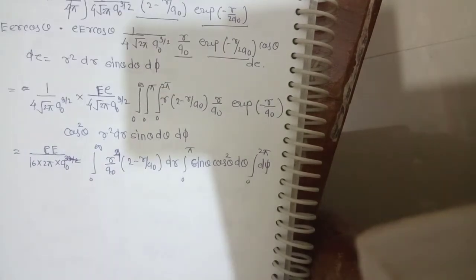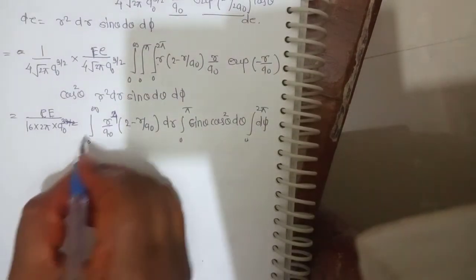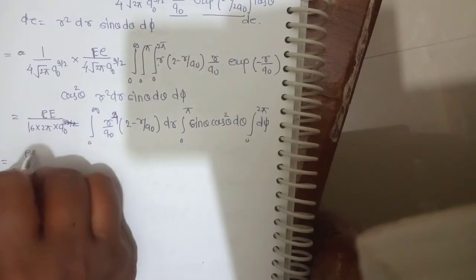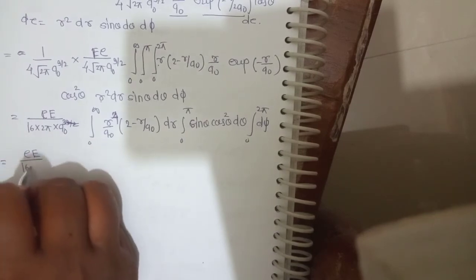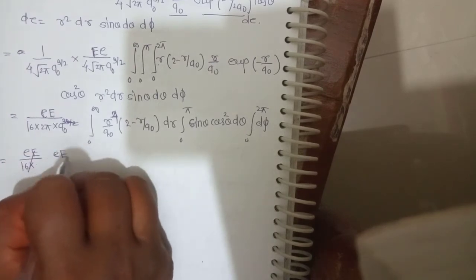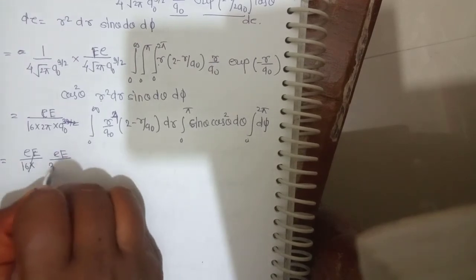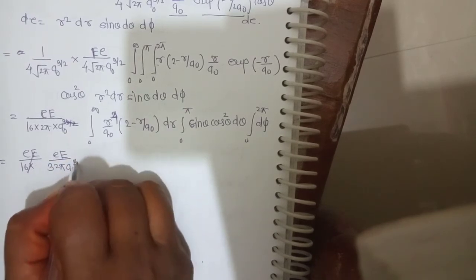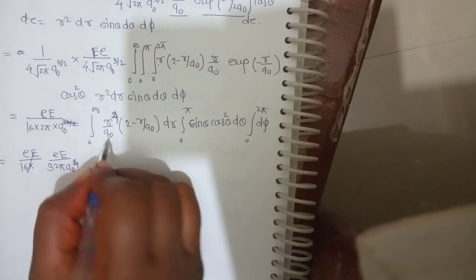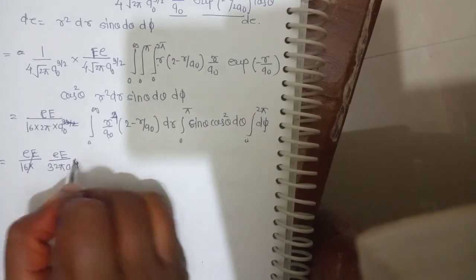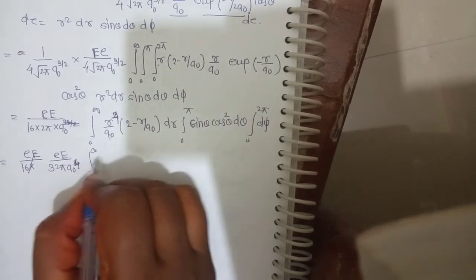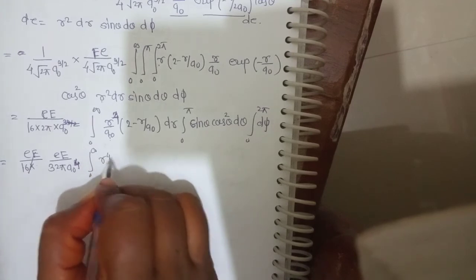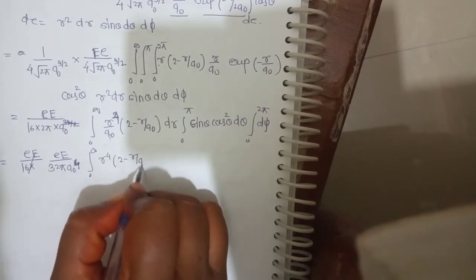After that, solve those integrals. How can you solve? E divided by 16 into, instead of writing that, write directly 32 pi a naught cube. Okay, a naught to the power 4, take that a naught outside. After that, 0 to infinity of r to the power 4, r by a naught.